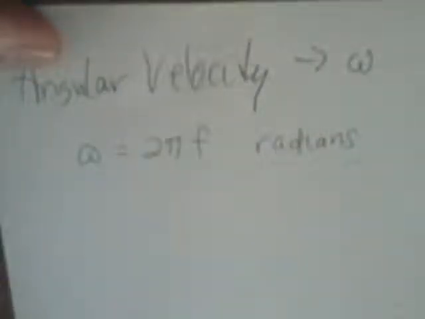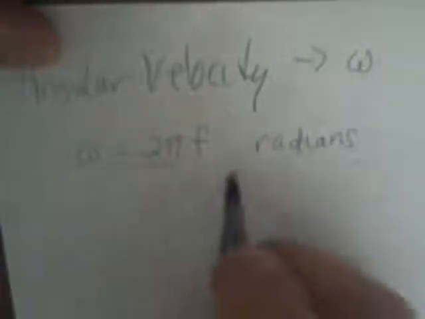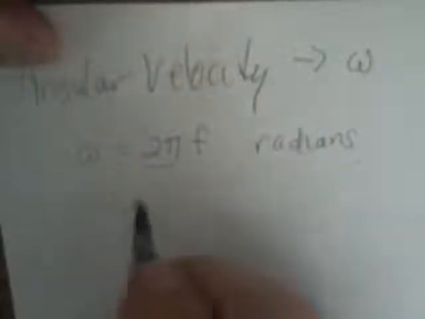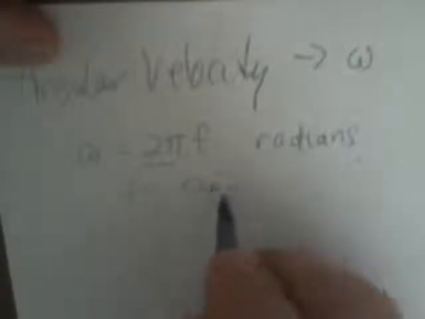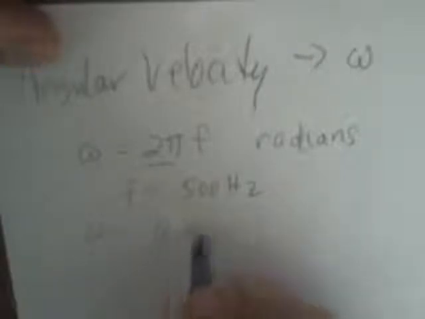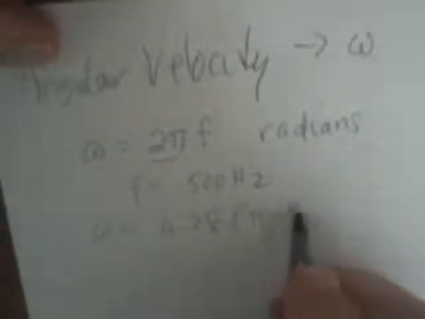So all you're doing is taking 2 pi times whatever they give you for frequency. That's it. If they say frequency is 500 hertz, then angular velocity is 6.28 times 500.